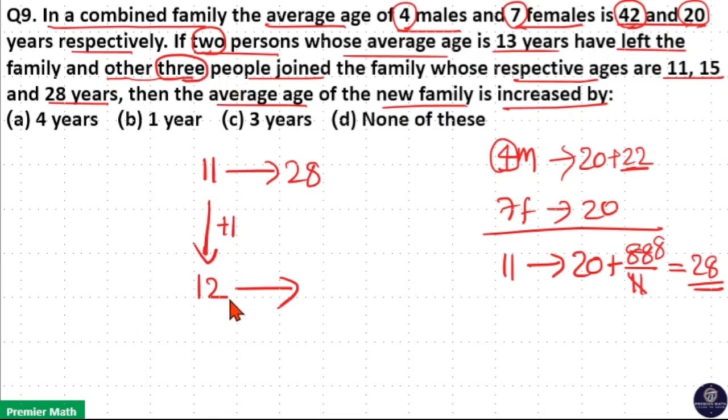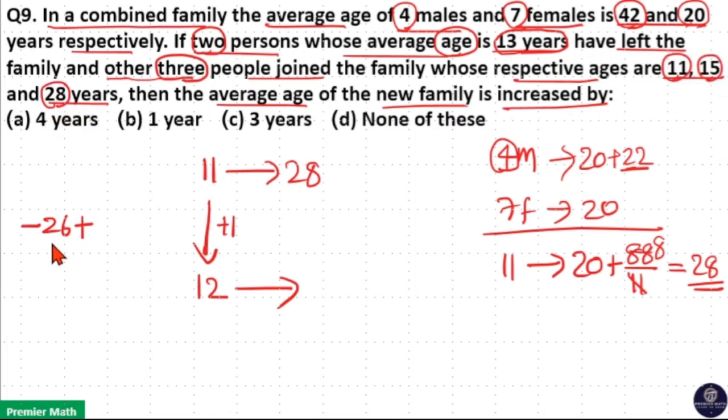Here, to find this, we have to find the overall increment in the ages of the family. Here, when 2 persons left the family, that means 13 into 2, 26 years should reduce from the total age. So, minus 26 plus 3 people joined the family. That is 11 plus 15 plus 28 years joined the family.